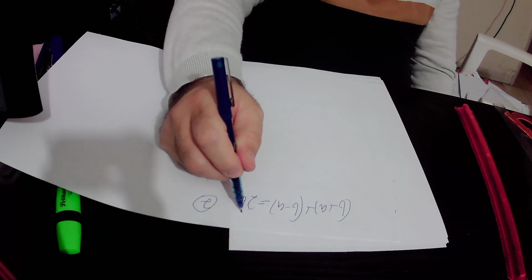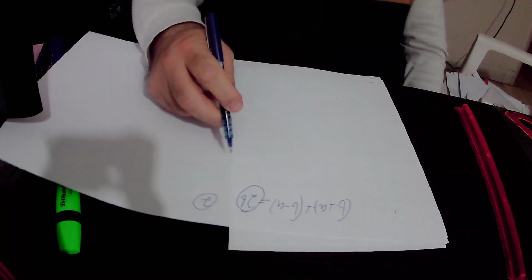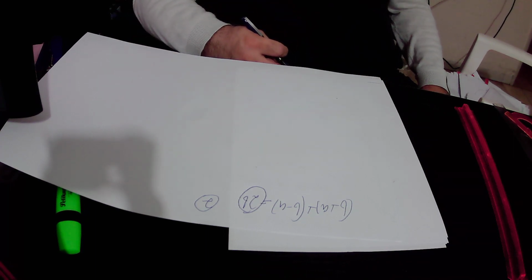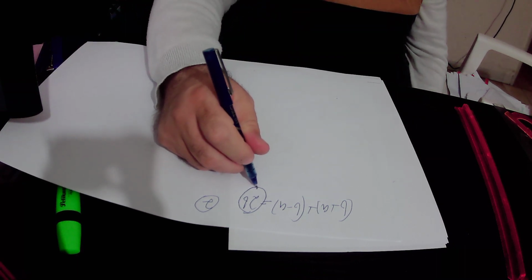So in conclusion, when we add the two numbers together, we got 2b. We know that b is a positive integer. If b is a positive integer, then 2b is an even number.